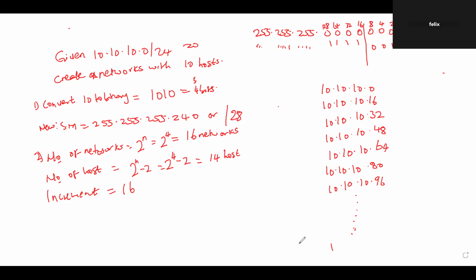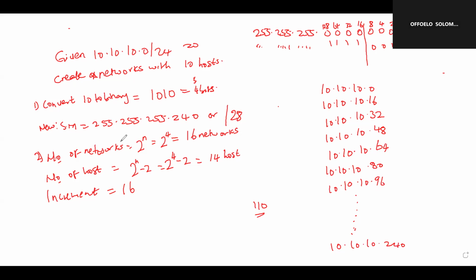I think 10.10.10.110. No, I'm talking about the last network. And even if that is the next network, it cannot be 110. In fact, we are not going to have a network that starts with 110. It's going to be 10.10.10.240. That will be the last network we will have here. Yes, so of all the 16 networks we're going to create, this will be the last one.